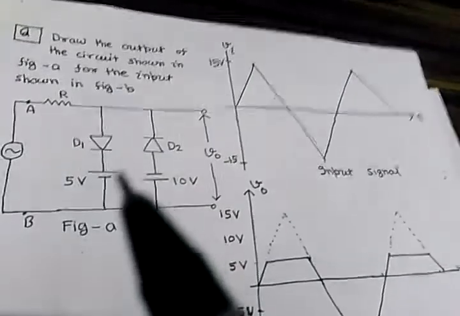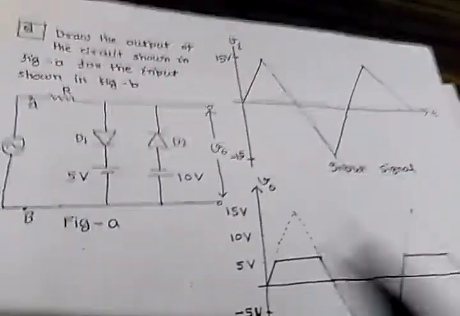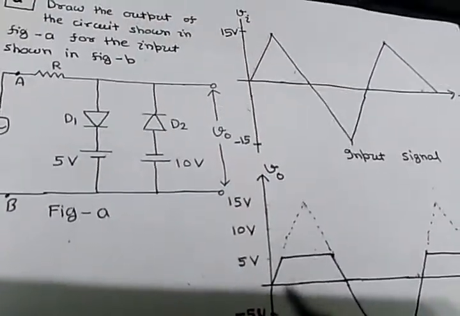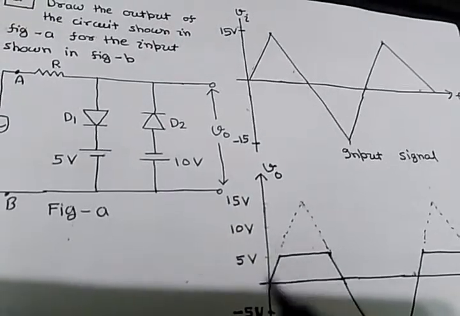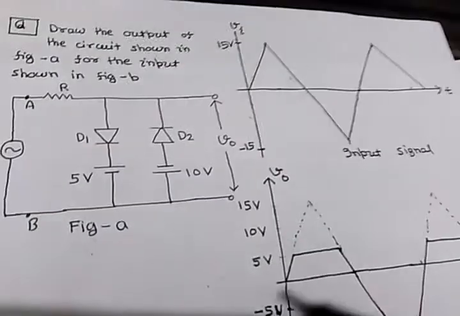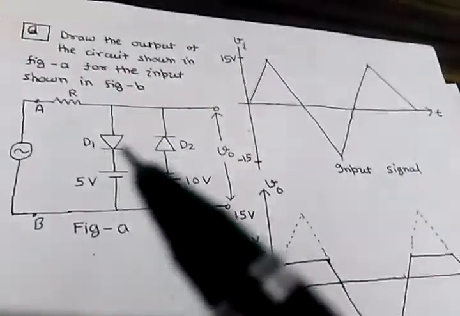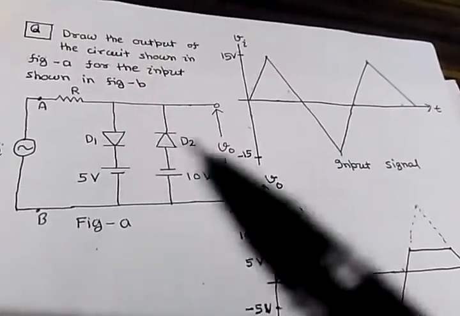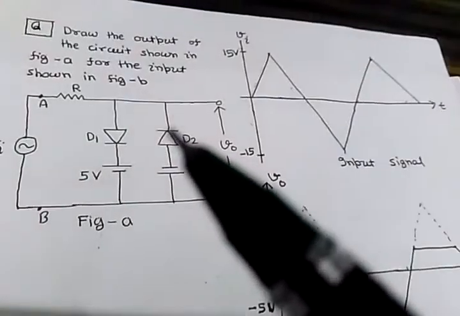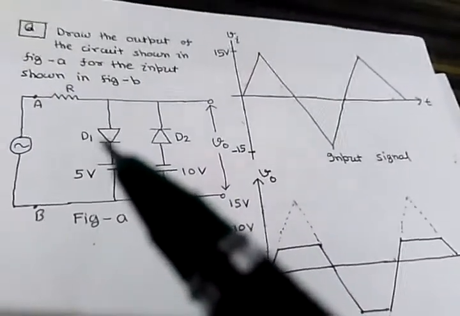It means when the input signal is less than 5 volt, meaning input signal from 0 to 5 volt, this part, both diodes D1 and D2 are in reverse biased condition, so they can be replaced by an open circuit.